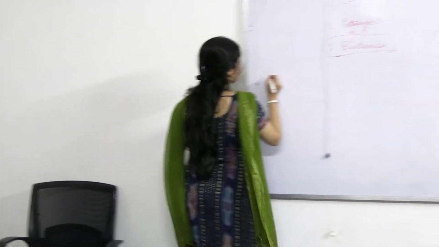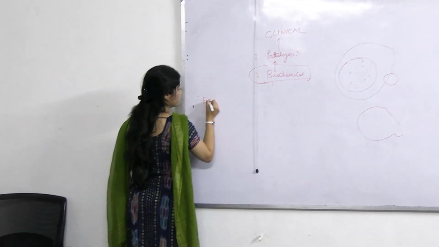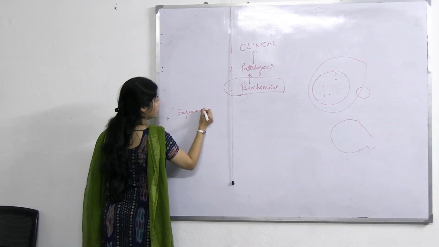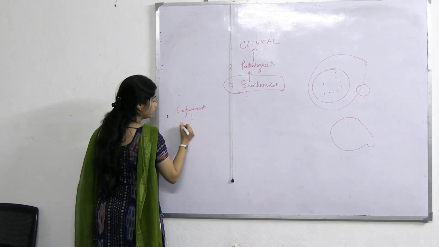where you will explain the procedure, like take 5 ml of Benedict solution in one test tube and add 8 drops, whatever sir told you, okay. So the 3 columns will be experiment, where the procedure will be explained.